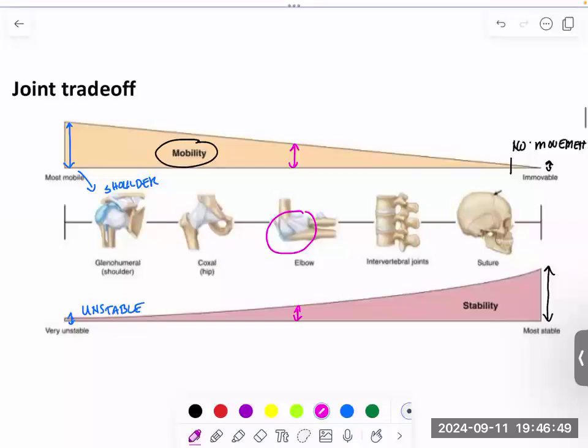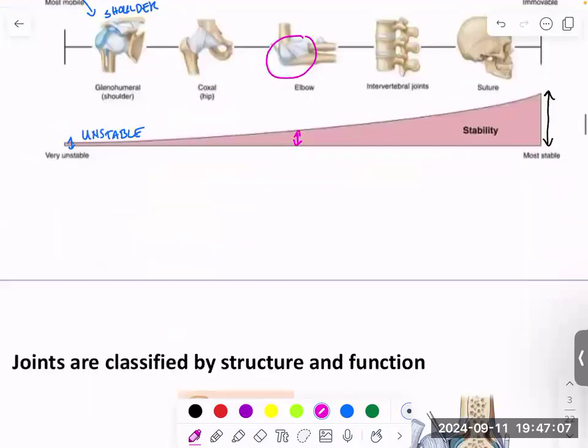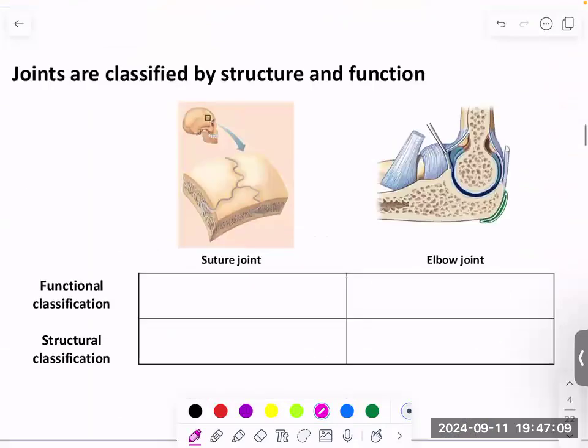This is all based on functional classification. Remember, how much does it move? Then there's structural classification.